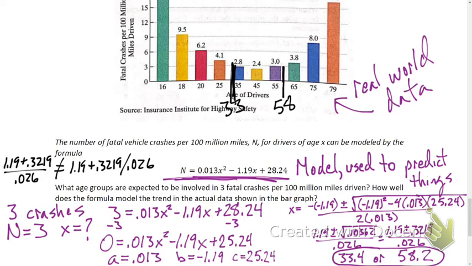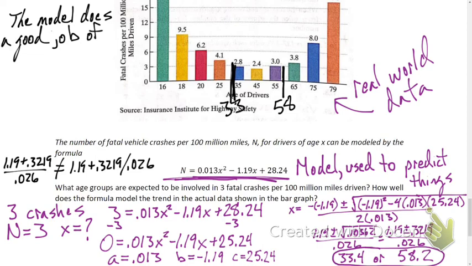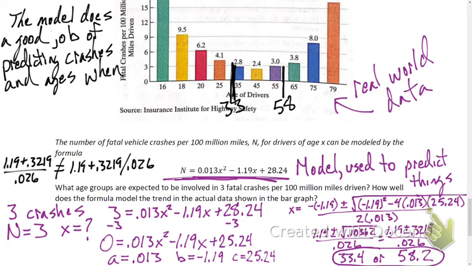So I don't want to scroll away from this. I'm going to write it in the top left. The model does a good job. Now I realize this is about something else, but I'm just going to say crashes. Of predicting crashes and ages when looking at the graph.